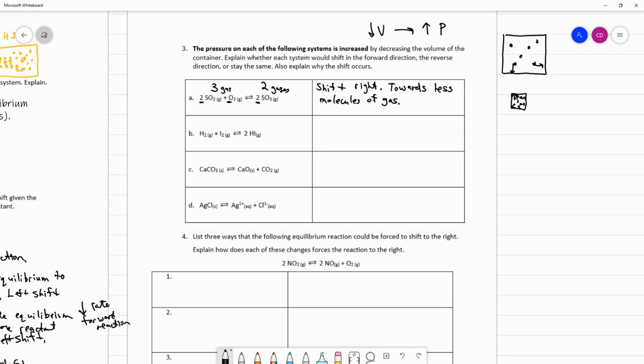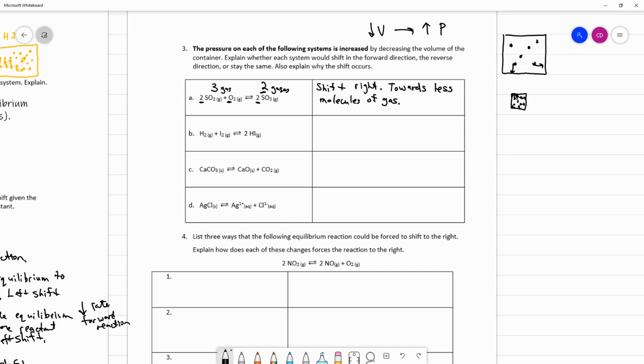So this reaction will shift to make more products. There are fewer molecules of gas on the product side versus the reactant side.